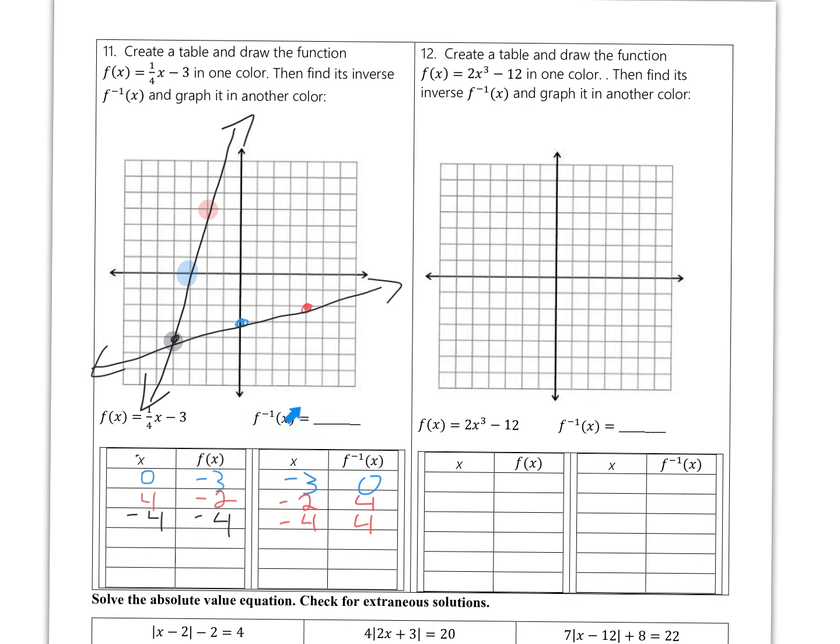By the way, you are actually supposed to write the inverse function on this one. And if we did that, again, we have this function: 1/4 x, which I'm going to write as x divided by 4, minus 3. Well, if we're working that out as an inverse, first of all, we're going to switch x and y.